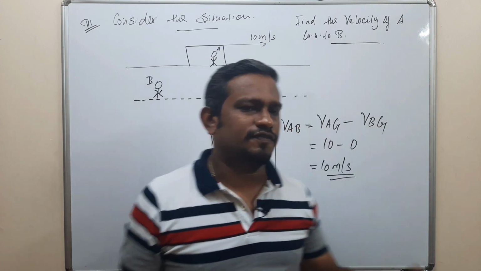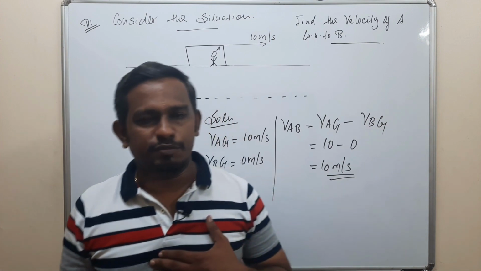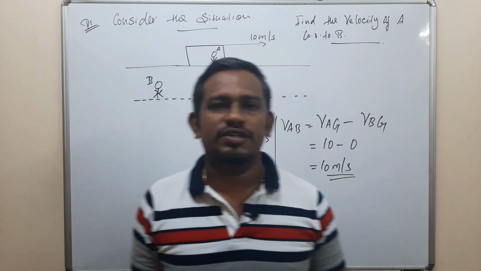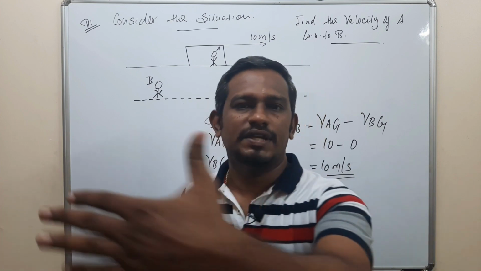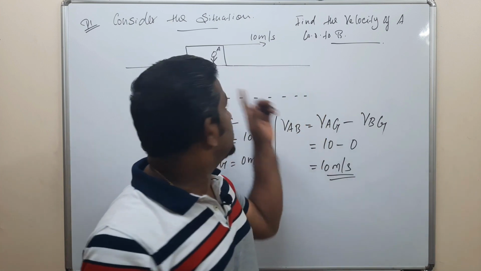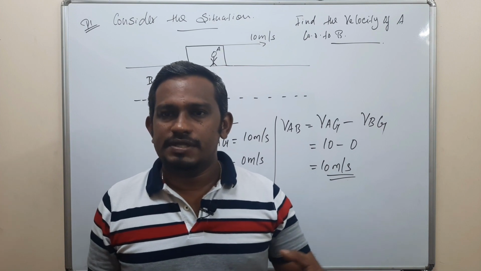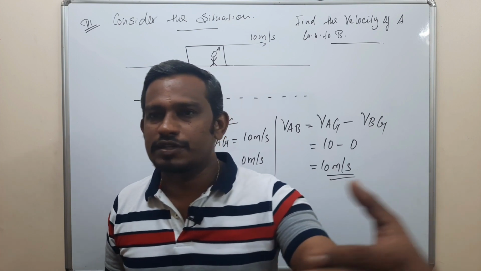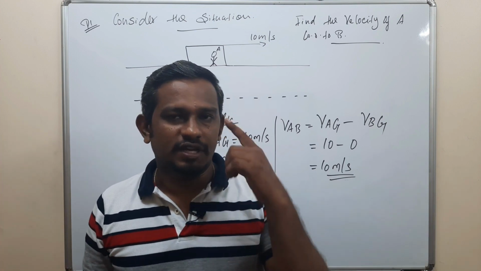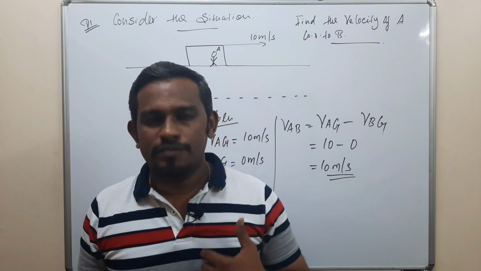So actually what is the feeling? Suppose I am the observer standing on the road, and another person A is traveling in the car which is moving with 10 meter per second. When I watch him, I feel that the person is moving with 10 meter per second. That is the velocity of A with respect to me, the observer.